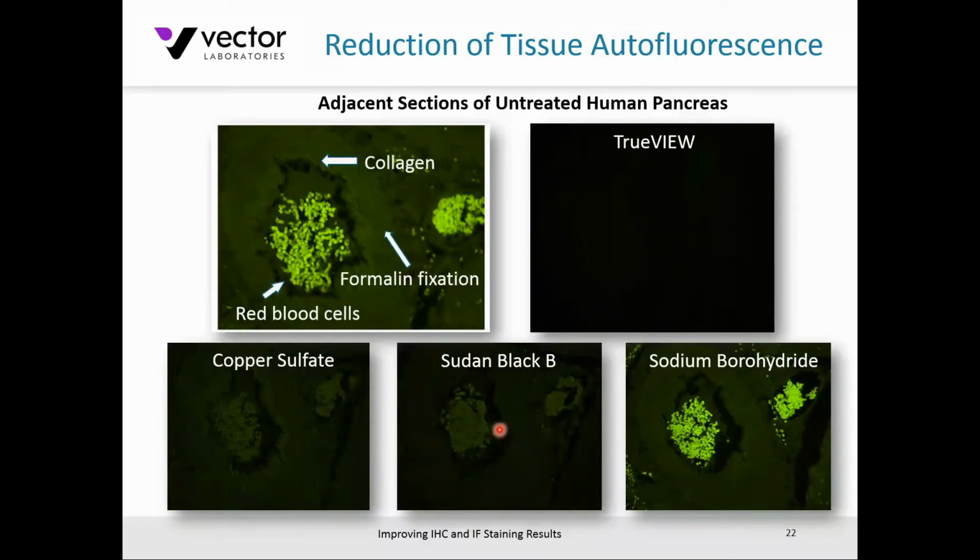Ink-based reagents that aren't particularly effective against some of these other tissue elements. And this dreadful sodium borohydride, it bubbles, it's horrible, it's got a short half-life and does absolutely nothing to quench red blood cell autofluorescence. What we've done is we have developed a product called TrueView.